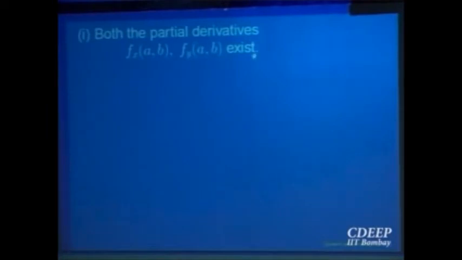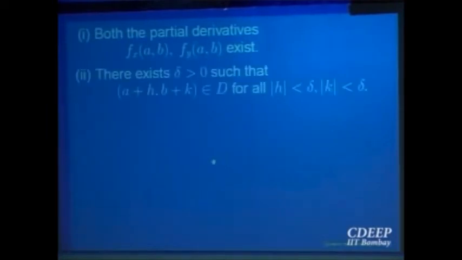Not only should they exist, we should be able to move around in a neighborhood of the point. So we want to say there is a delta such that the points (a plus h, b plus k) are in D for mod h less than delta, mod k less than delta. Some neighborhood of the point where you are looking at differentiability is inside the domain, so that you are able to move in two directions.